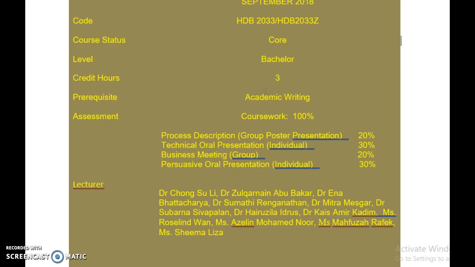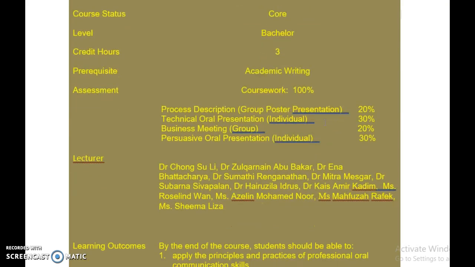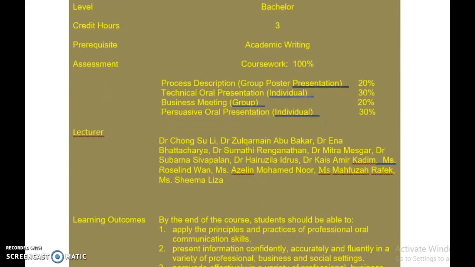For your second year, most of you, right? So anyway, the assessment is 100% coursework, yeah? Don't be too happy. I will explain to you later why. There are in total 4 assessments lined up for you.